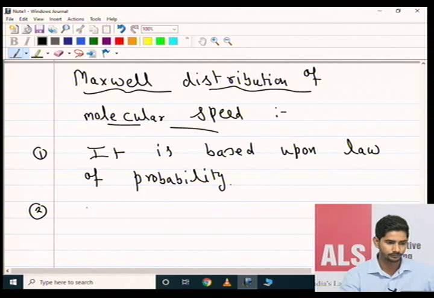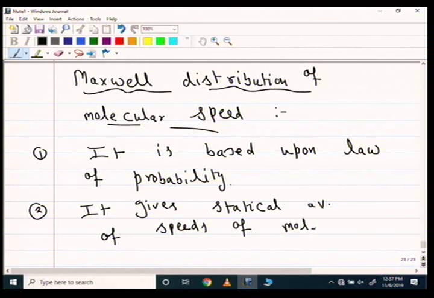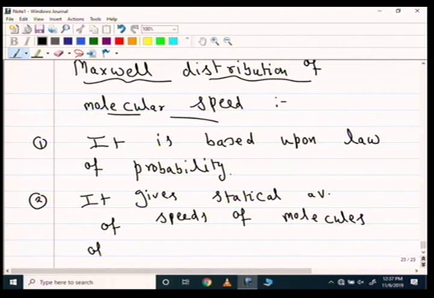Then it gives statistical average of speeds of molecules of whole collection of gas.